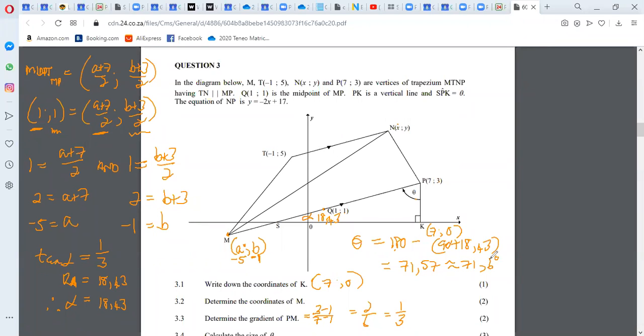Hi, ma'am. Hi. Ma'am, I just wanted to ask how they got 18.43. Shift tan a third, arc tan a third. Okay, well, I got a different value. What did you get? 20.48.